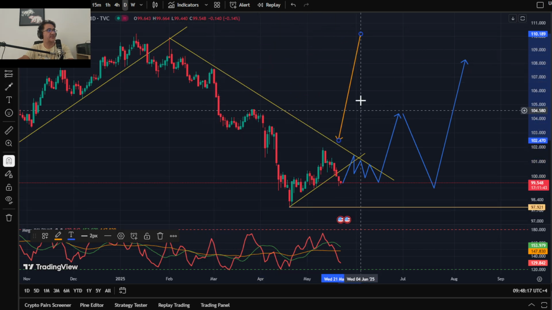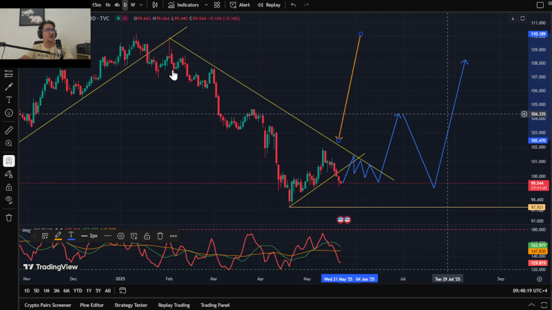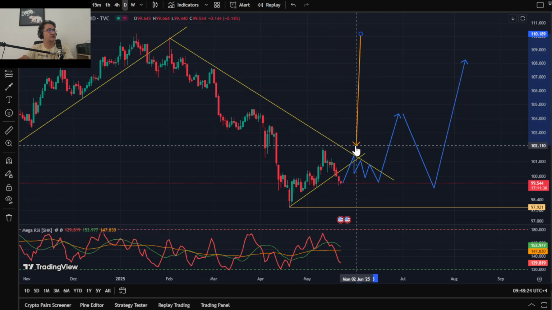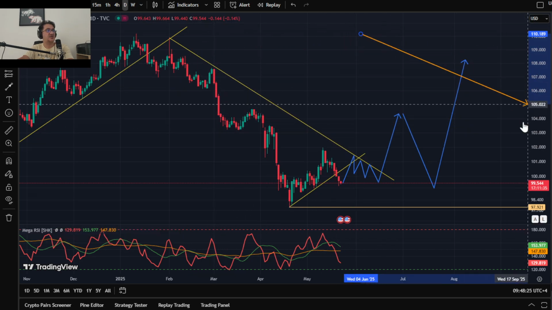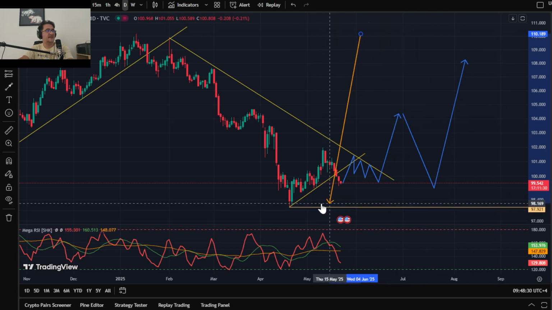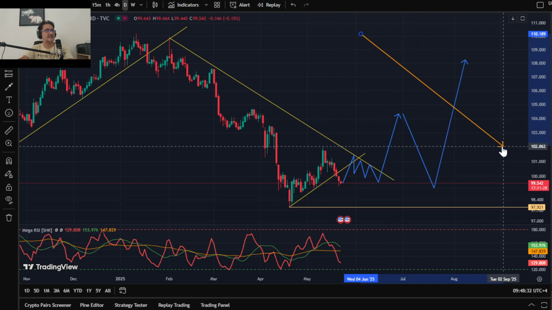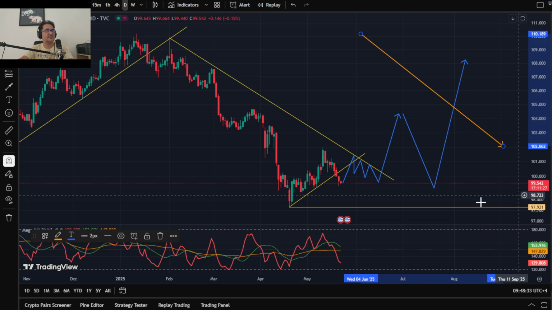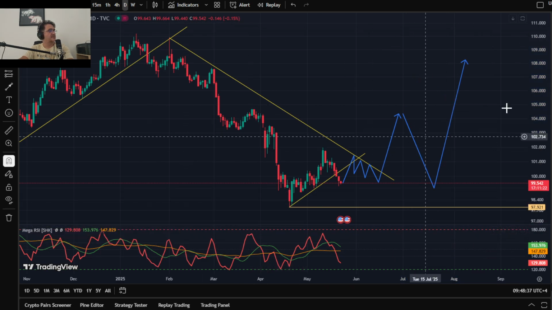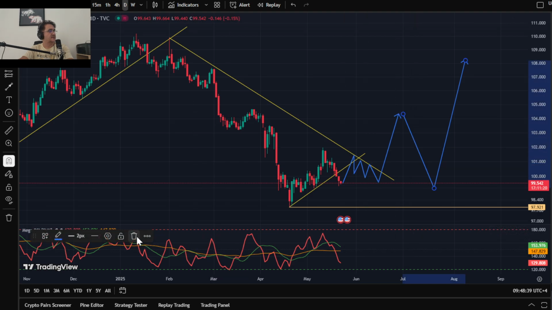Why is it dynamic? Because when I move along the yellow line, the price changes. But here, when I move along the level, the price is always the same, fixed at 97.921. Okay, so I hope this is clear to you.